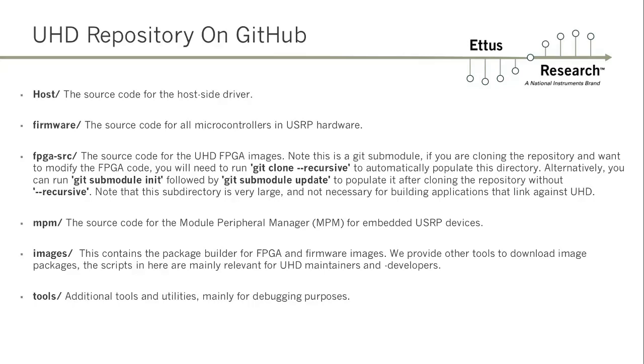And then the default FPGA images. We'll be working with this folder directly because we'll need to get the right FPGA image for our B200, as you'll see as we move along within the video. Then there are some tools and utilities in the tools directory for debugging purposes, and we'll use some of those today as well.